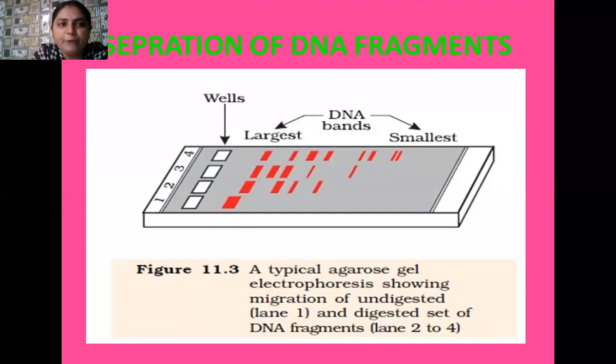And when we shine ultraviolet radiation over it, the agarose gel accepts a fluorescent orange color, and the fragments of DNA accept this fluorescent orange color, and their movement is now visible to us. So in this way we see that the lighter fragments reach the positive terminal first, followed by the bulky fragments.